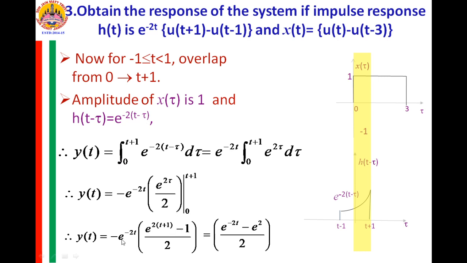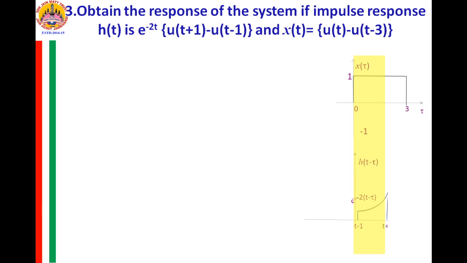And when you multiply with this, this is minus e raised to minus 2t, and this e raised to plus 2t gets cancelled, and you remain with e raised to 2 here. Next, that is on 2 onwards, t for one duration.